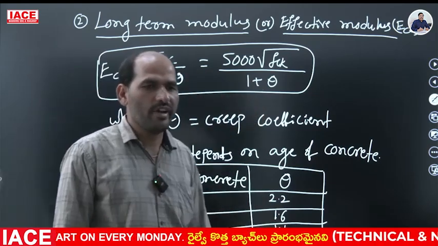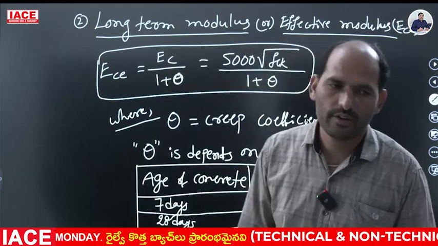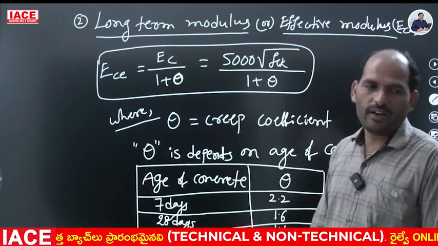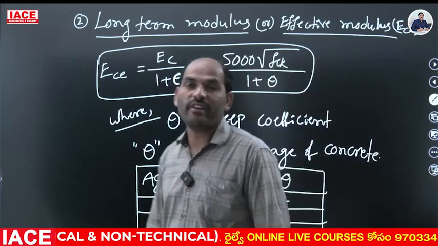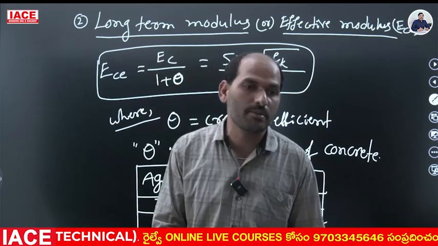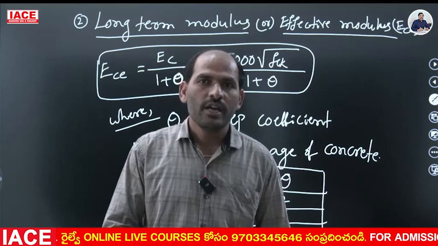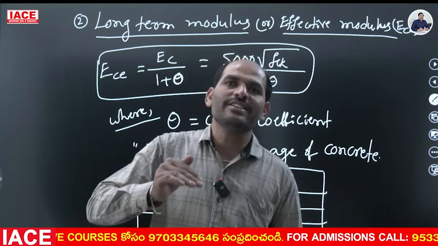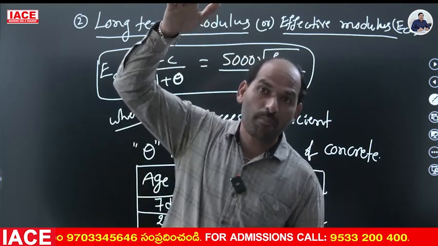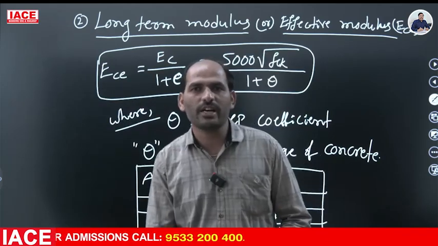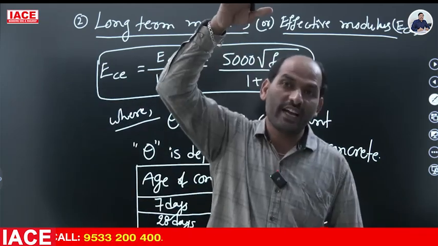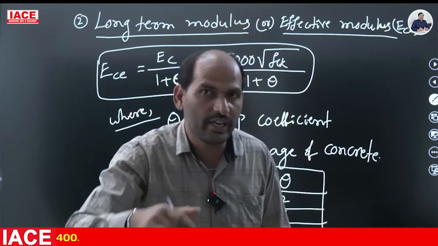So simply remember here, the creep coefficient value depends upon the age of the concrete. That means if the age of the concrete increases, then the creep coefficient value decreases.